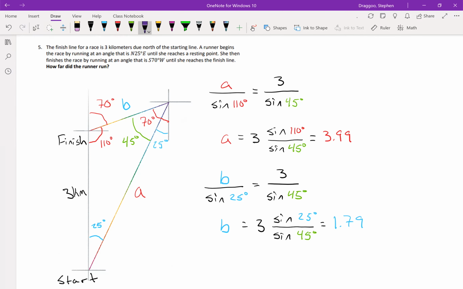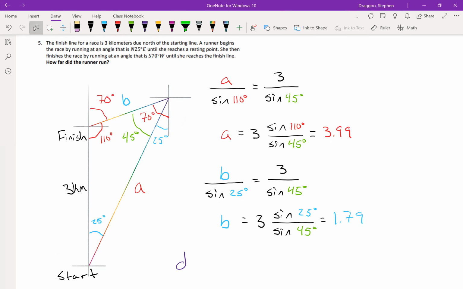And finally, that total distance, which I'll mark in purple, since if I add blue and red together, I get purple. You know, why not? That distance should be the sum of A and B. So A plus B, which is 3.99 plus 1.79.